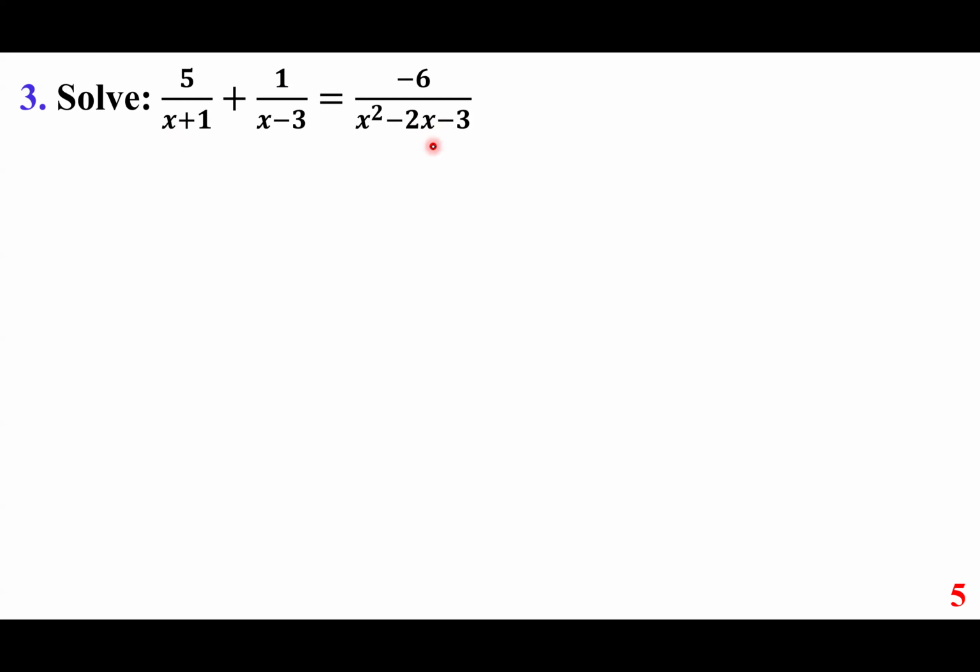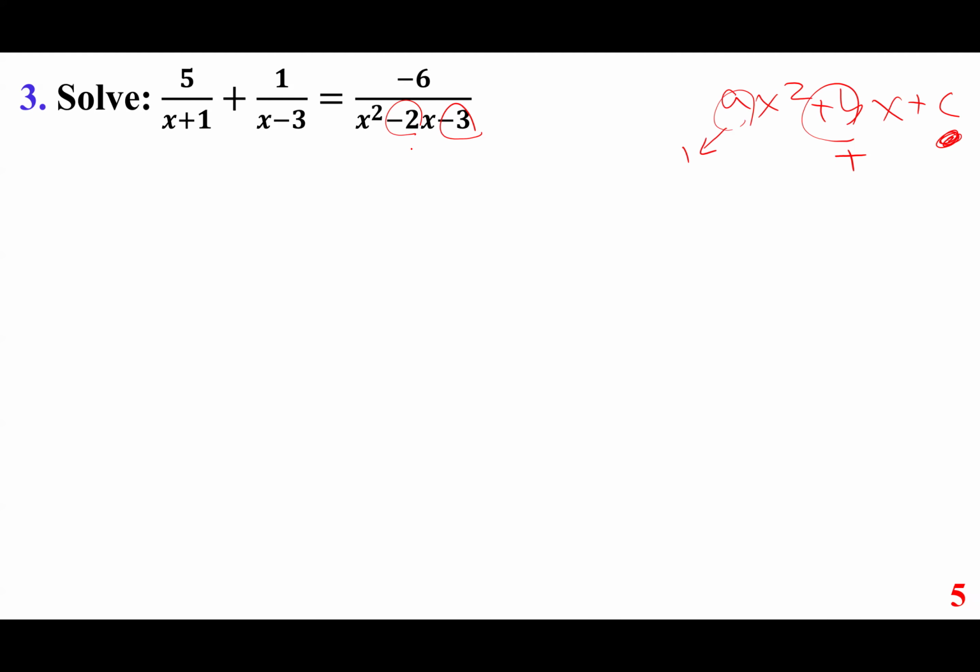And I hope you remember you're dealing with ax squared plus bx plus c, where a is 1. So you want two numbers. The product is c. The sum is b. You want two numbers.